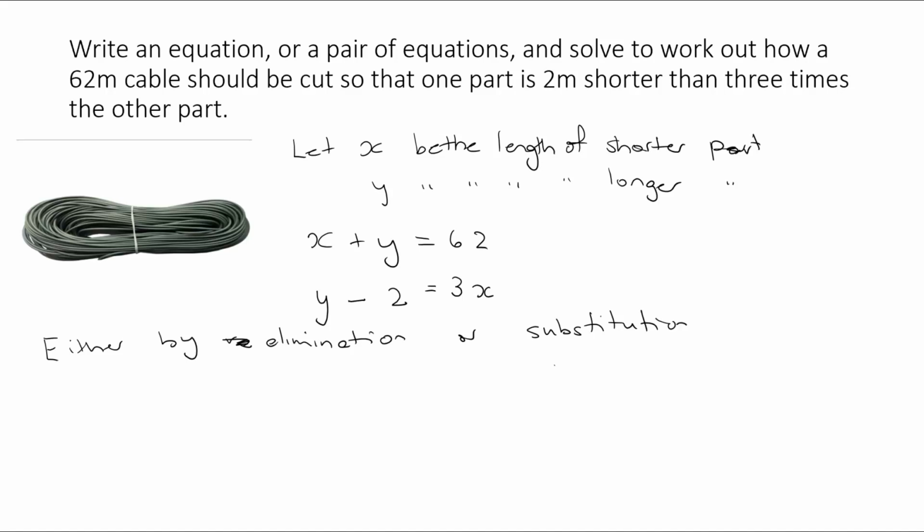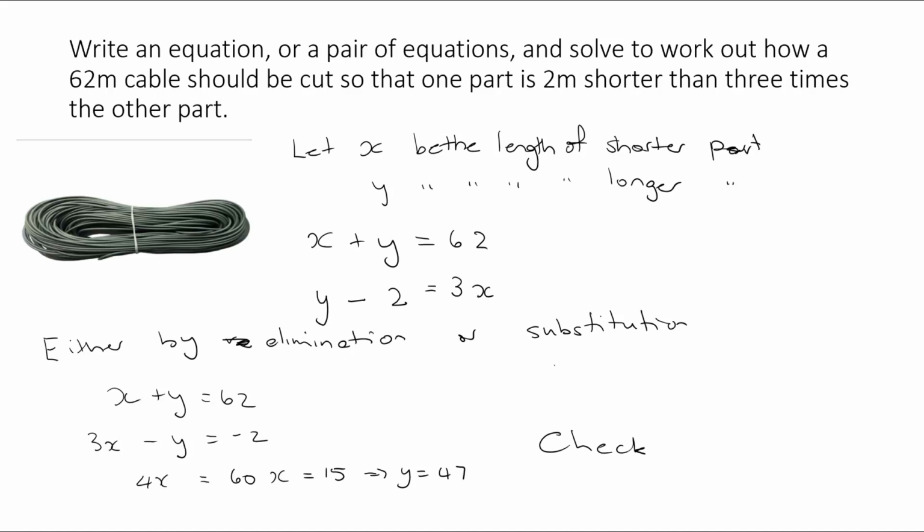It doesn't matter. Either way, you're going to get x plus y equals 62. Rearranging it, I've done here 3x minus y equals -2. So 4x equals 60, x equals 15, so y equals 47, and then you should check your answer.